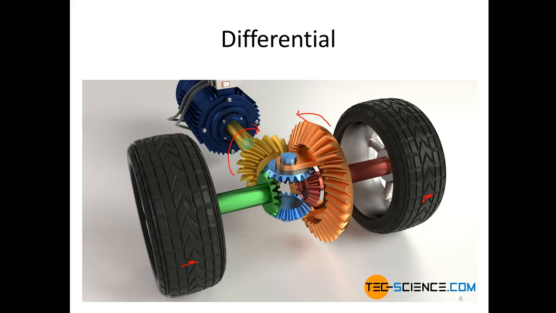So the piston moves straight forward and backward, which is linear motion, and in the end the wheels rotate in a rotational motion. So there is a conversion from linear motion to rotational motion.